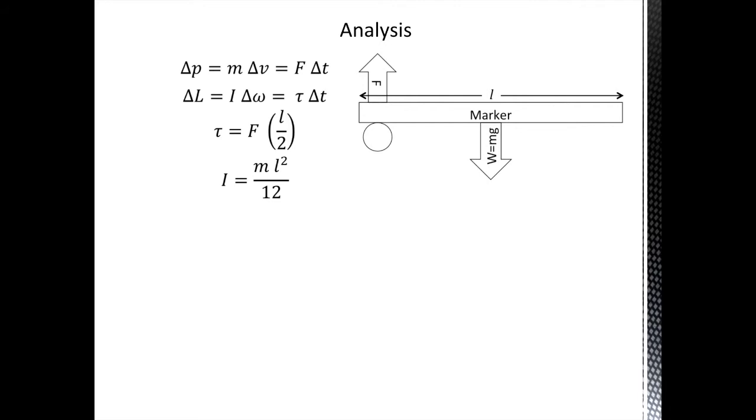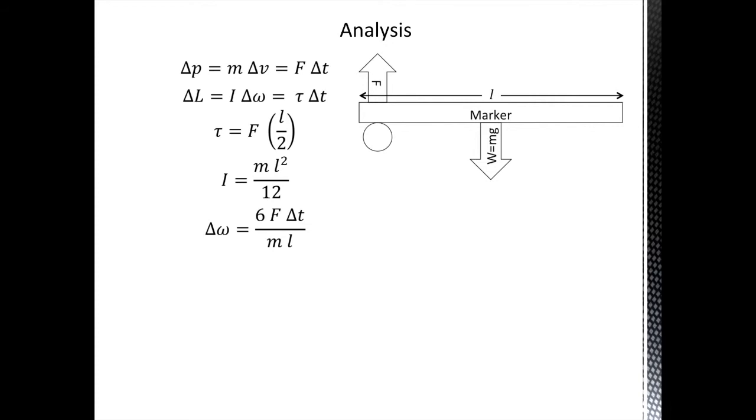Plugging both of these equations into the second equation, we arrive at the equation that the change in angular velocity is equal to 6 times the force applied times the time for which it's applied over the mass times the length of the marker.